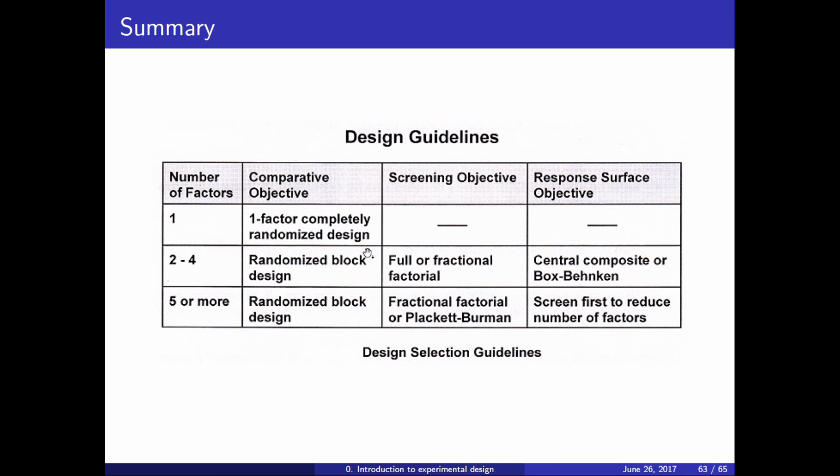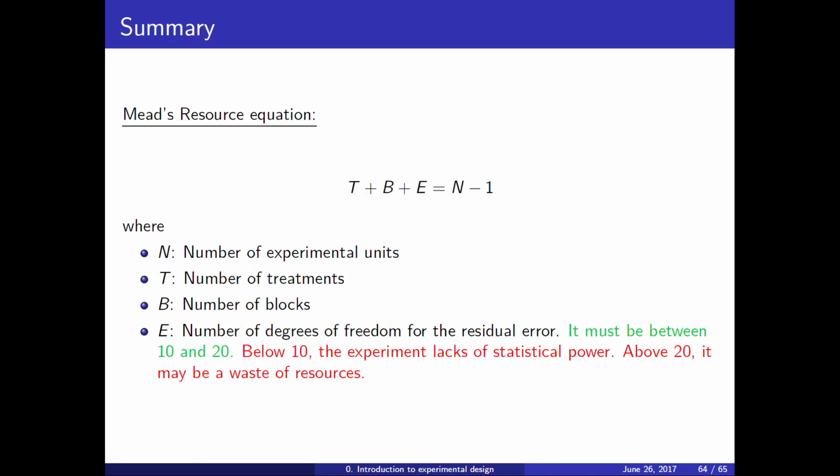If you have a large number of factors and your objective is just to identify which ones are important, then factorial designs, either full or fractional, are the ones. We haven't seen the Plackett-Burman design, we will see it along the course. And if your objective is to maximize the response, then you will use a different kind of design. So not all the experiments have to be done in the same way. This is the main message.